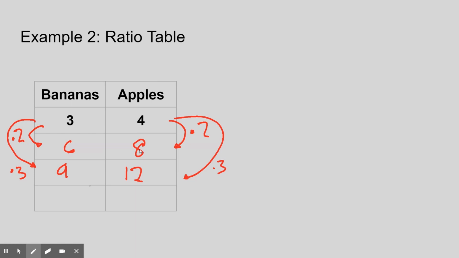You could do this times 4, you could do this times 5. It doesn't actually matter. If we want to do something really interesting, we could multiply this by 10 or something. So we multiply both of these by 10. So we'd have 30 to 40.